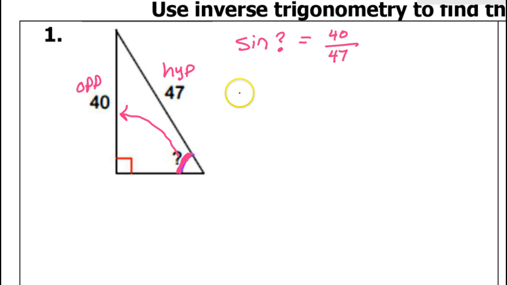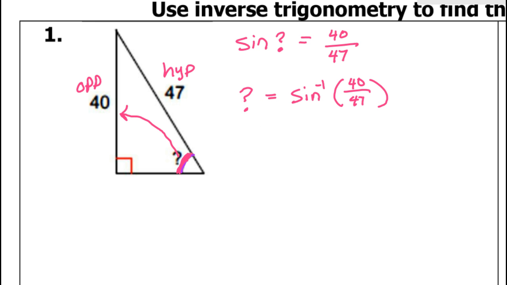So if you want to find the value of the question mark angle, you have to do the inverse sine, which you write this way. Sine with a little -1 superscript is called inverse sine of 40 over 47. All right, and this will give you the angle.